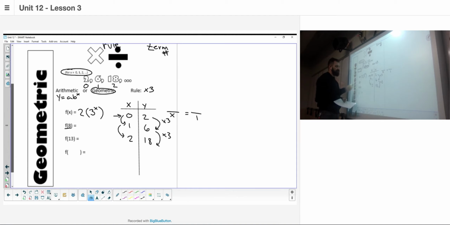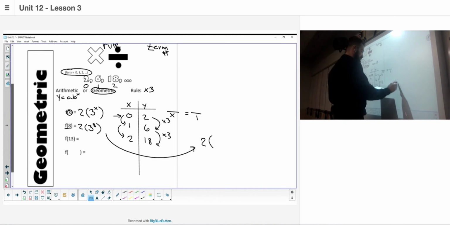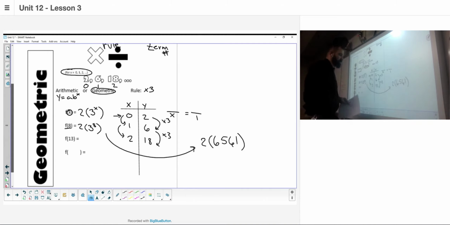Let's find f of 8. We are going to replace x in our equation with 8. 2 times 3 to the 8th power. Well, what's 3 to the 8th power? If you don't know, let's show over here. That's going to be 2 times 6,561. It's a big number.